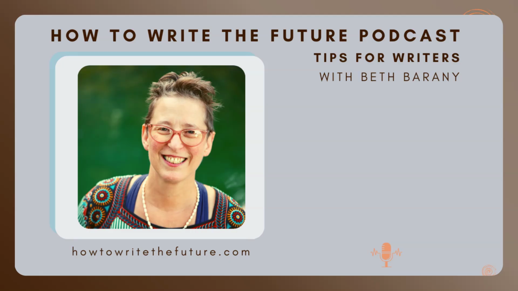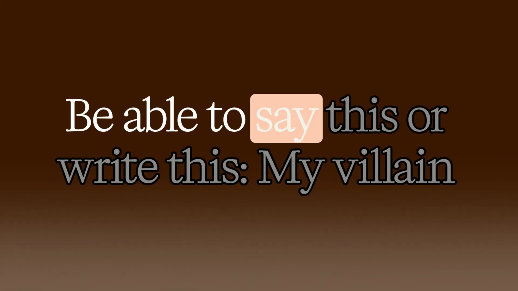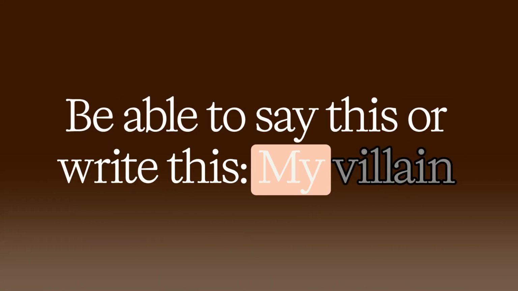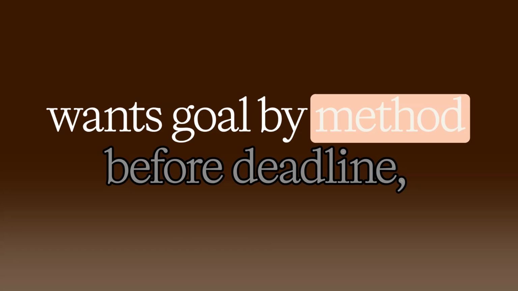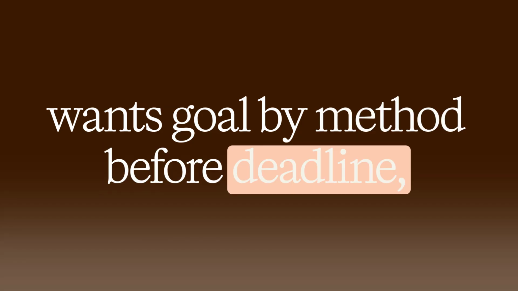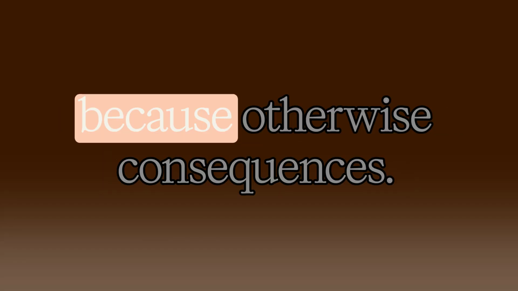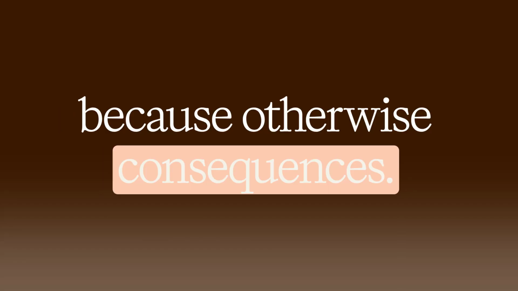Legitimate. So when you think of your villain's goal, you want to be able to say or write this: My villain wants goal by method before deadline because otherwise consequences.